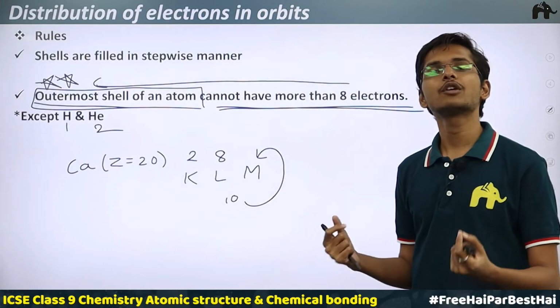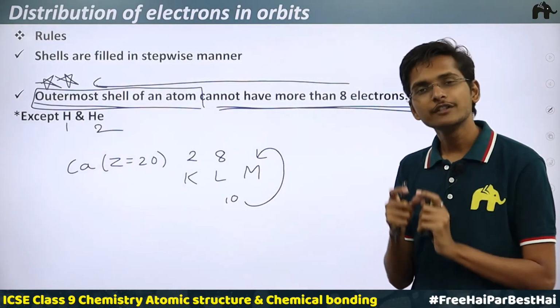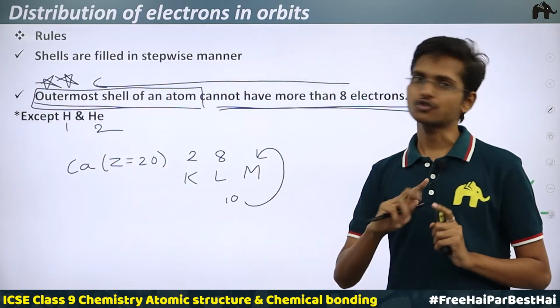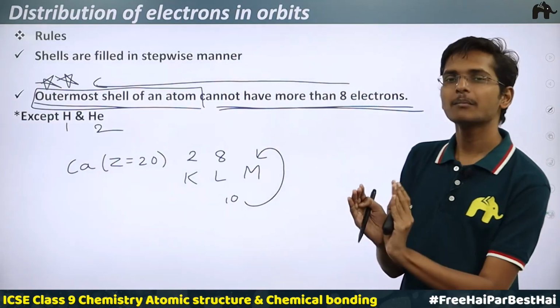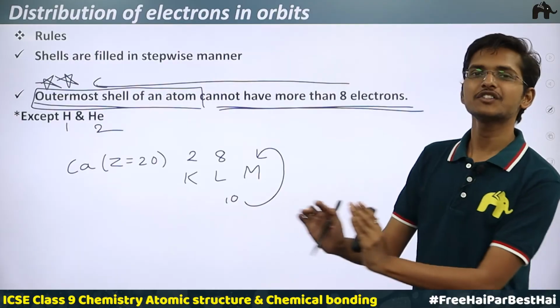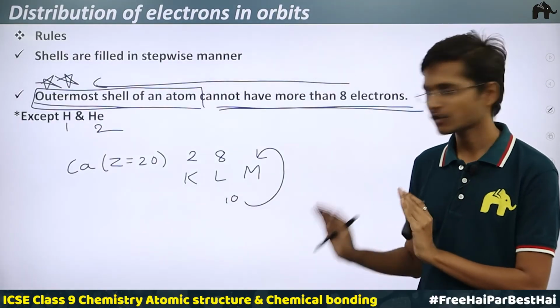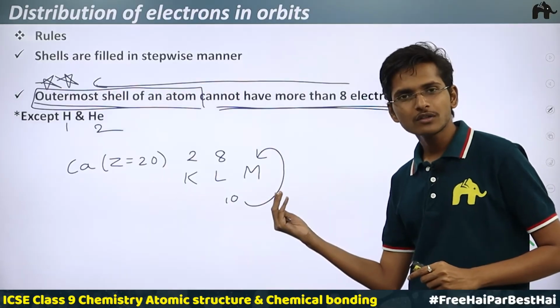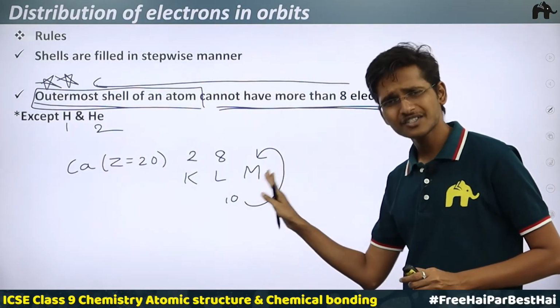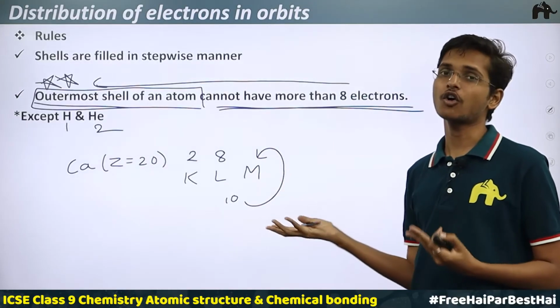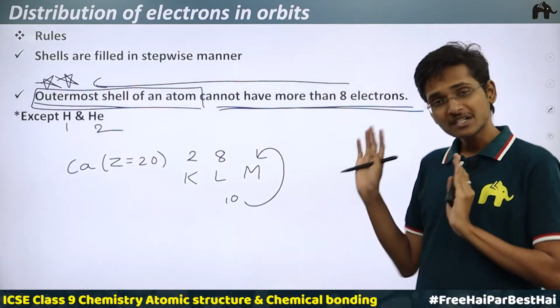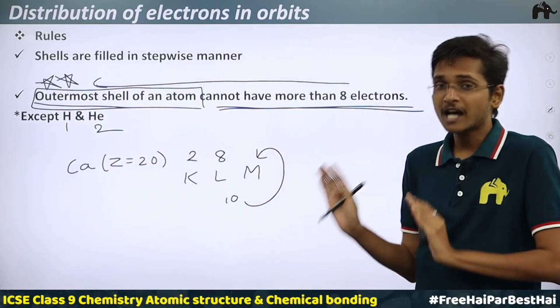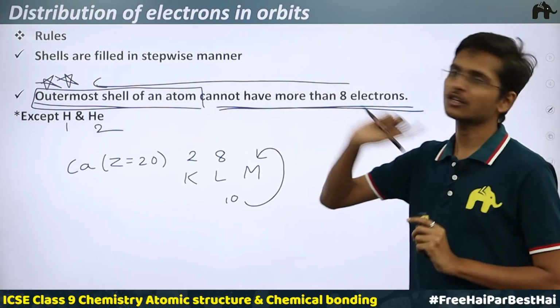So what we need to do is give 8 electrons to the M shell. 8 is a stable number of electrons. So if we have more than 8 electrons, and our last shell, though it has the capacity to accommodate more than 8 electrons, we still cannot give that last shell more than 8 electrons, because our rule says that.